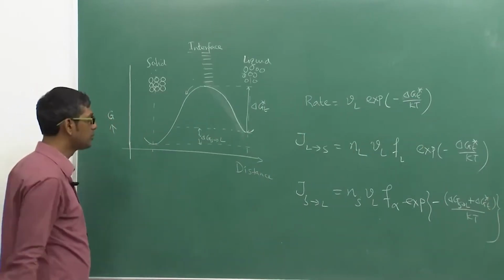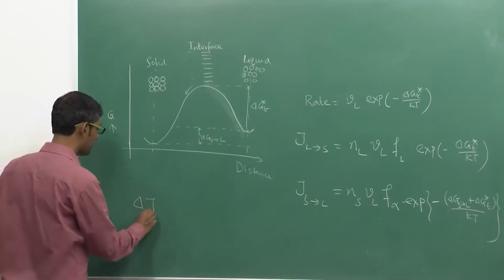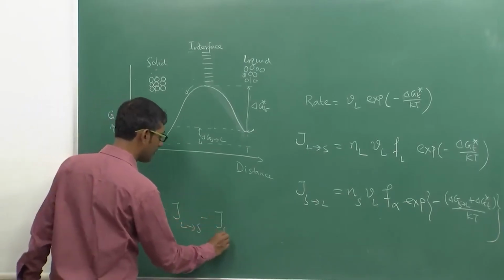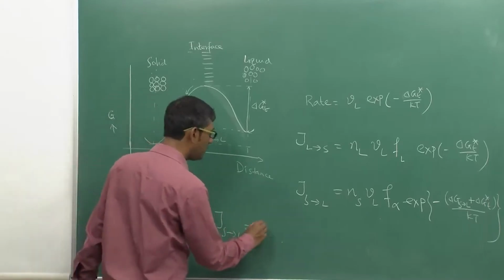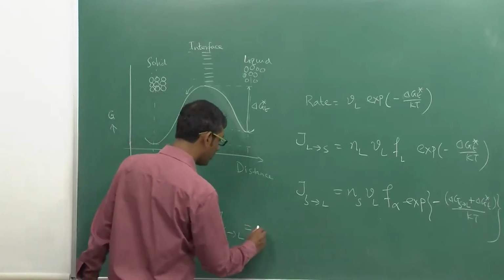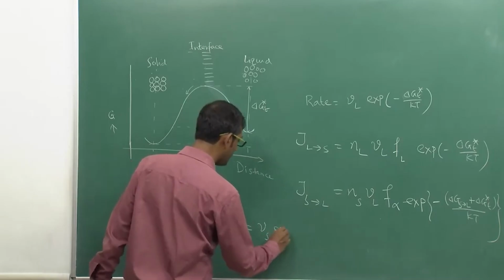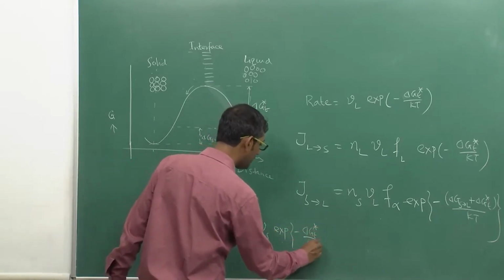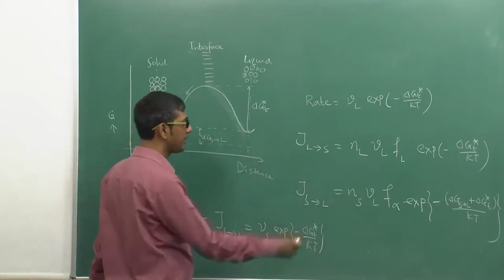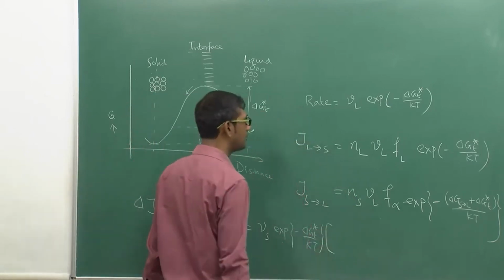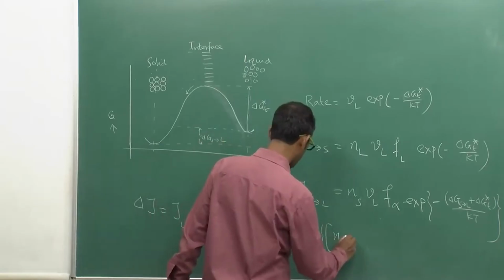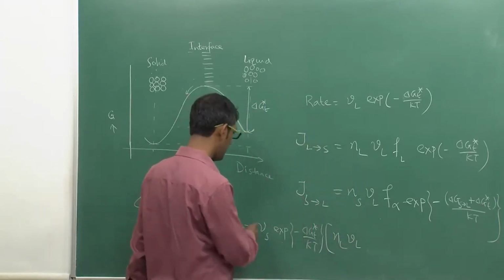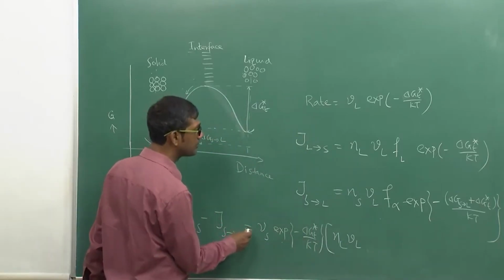Now I can actually do a flux balance calculation. The flux balance calculation tells you the liquid to solid minus the solid to liquid. As you clearly see, I can take common nu L exponential minus delta G T star divided by KT. This cannot be taken out, right?